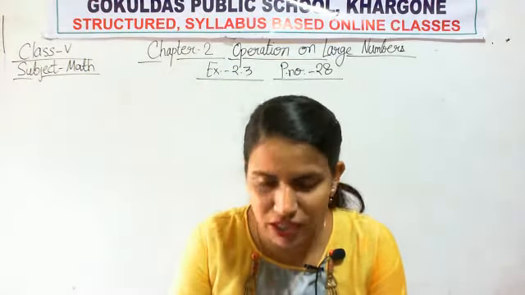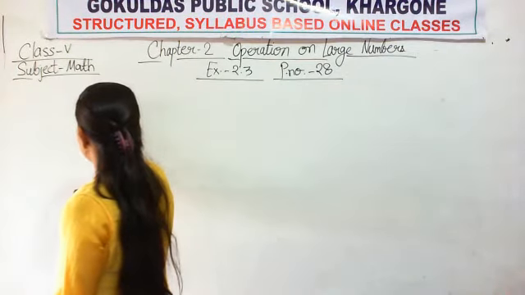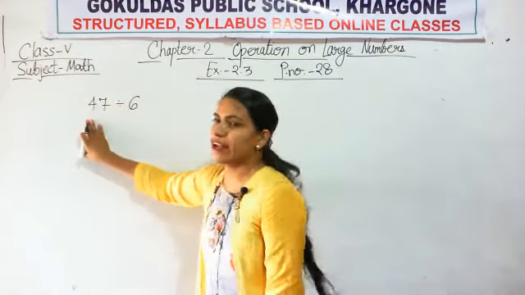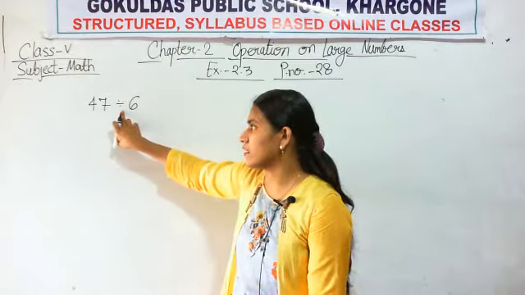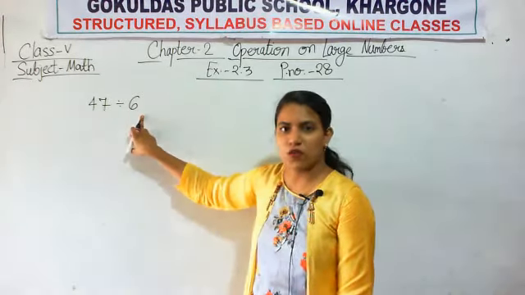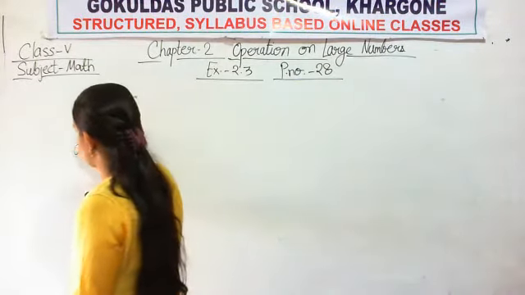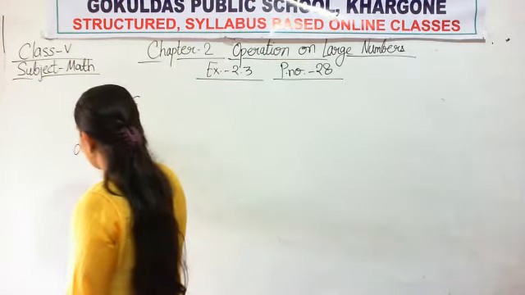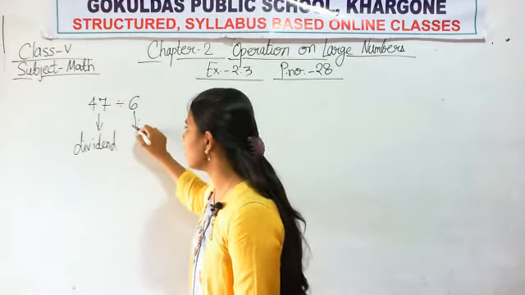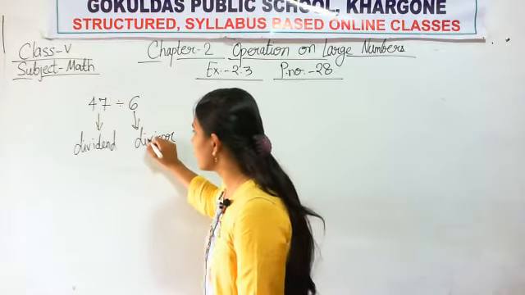Some more facts about division. Suppose I write on the board 47 ÷ 6, where ÷ is the symbol of division. This 47 is called the dividend, and the number by which you are dividing 47 is called the divisor.